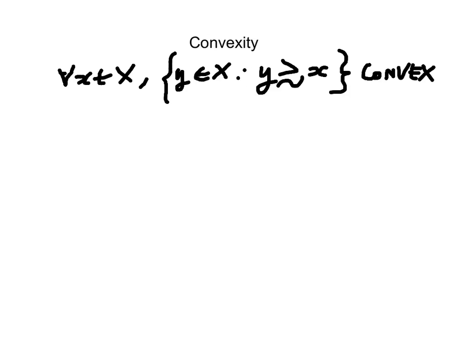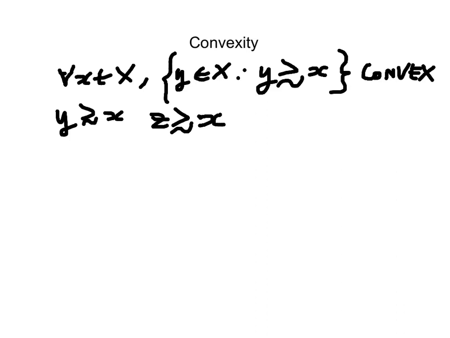So let's just apply that. The preference relation is convex if, for all y which is at least as good as x, and for all z at least as good as x, right? I pick 2 points that are in the upper contour set. They're at least as good as x.